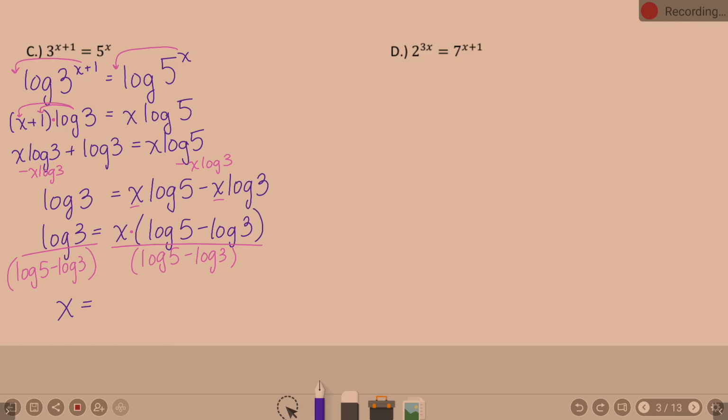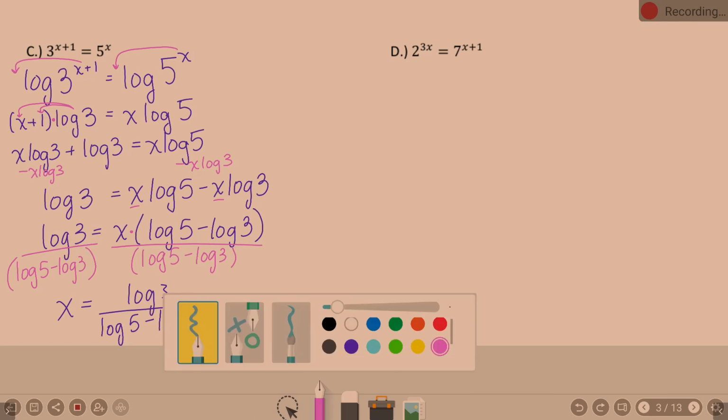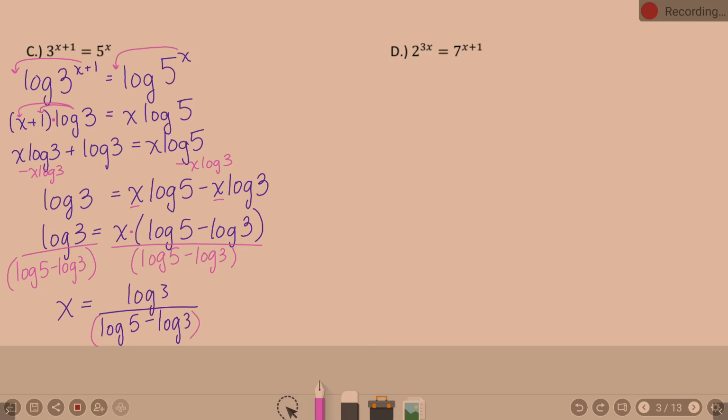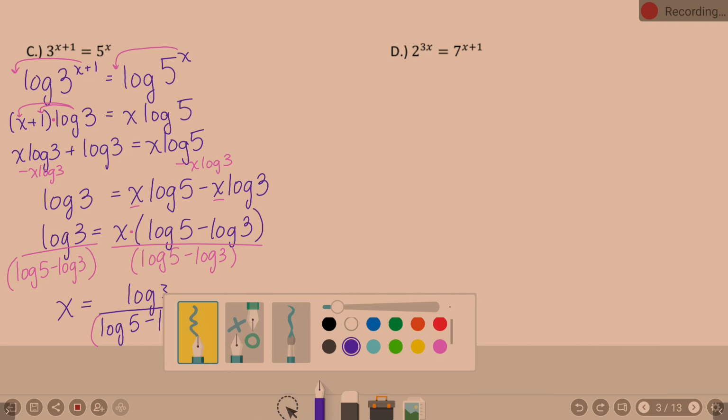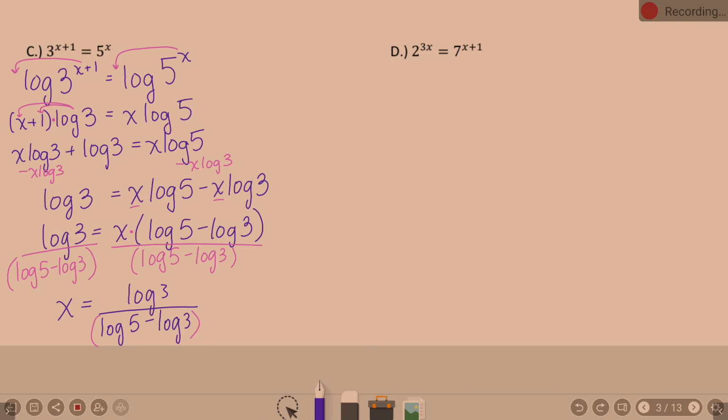Log 3 divided by log 5 minus log 3. Now, this is where I'm going to say, not that you have to have parentheses on the bottom when you're writing it, but they're going to help you get the correct answer. Okay, there's more than one thing going on in that denominator. So, anytime there's more than one thing going on in the denominator and the numerator, you need parentheses there.